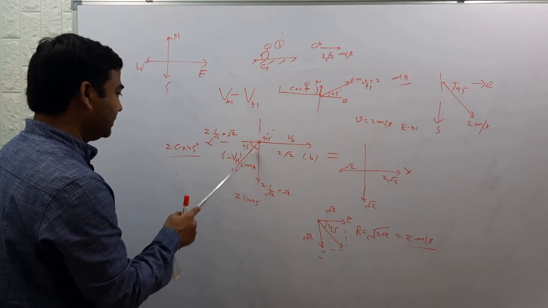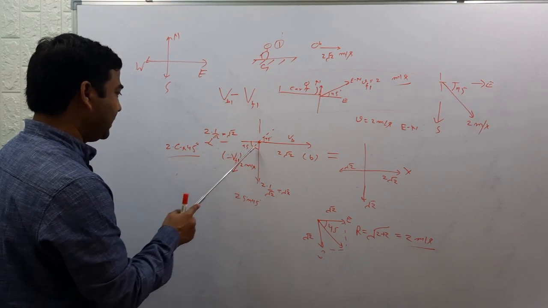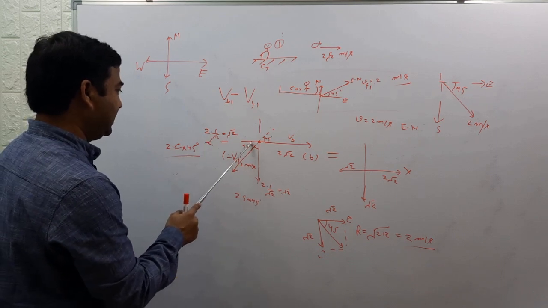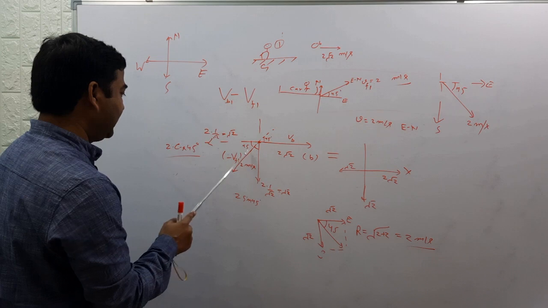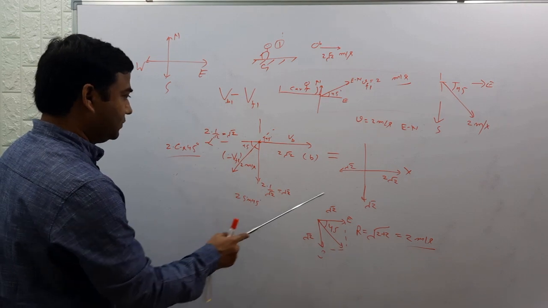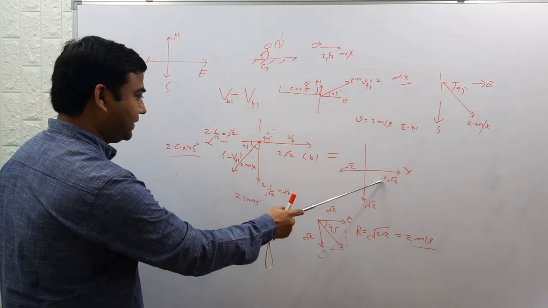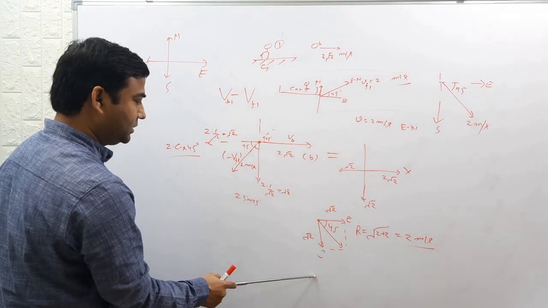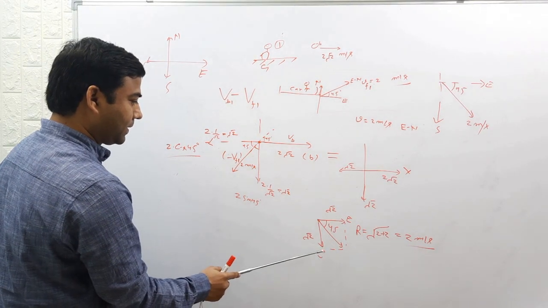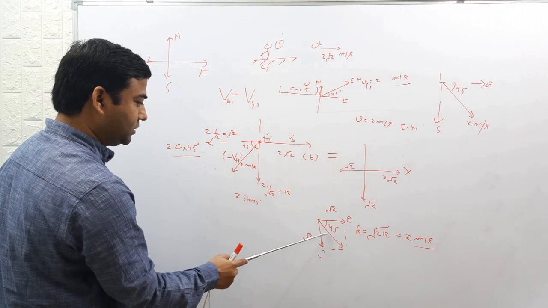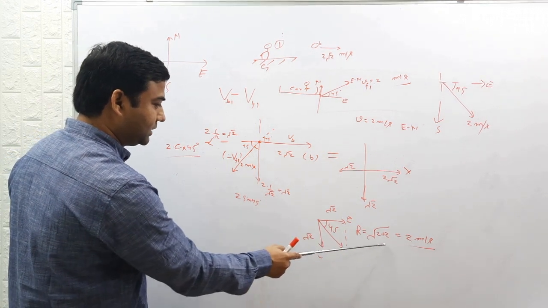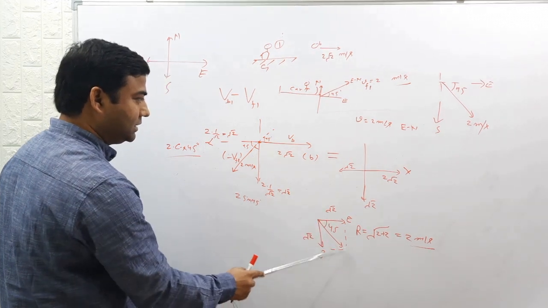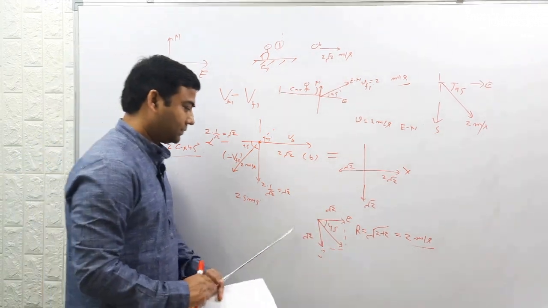We divided this vector in these components, 2, and this angle was 45 degree. After dividing the vector in components, we got resultant vectors √2 in each direction and √2 in south direction. And the resultant of these √2 and √2 by simple Pythagoras theorem, we found 2 meter per second in east-south direction.